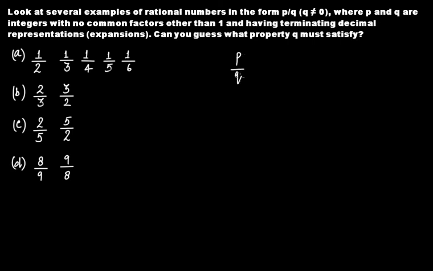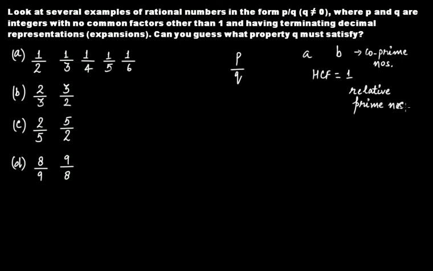Now if you remember, if you have two numbers, let's say a and b, and the highest common factor of these two numbers is only 1, no other number, then these two numbers are called co-prime numbers, or relatively prime numbers.